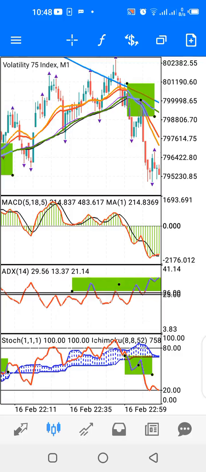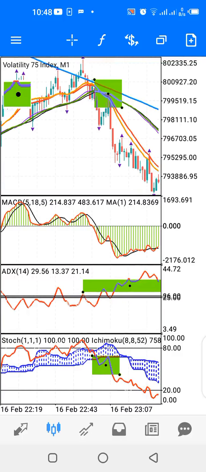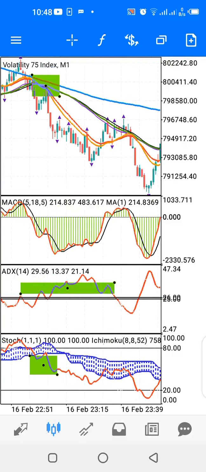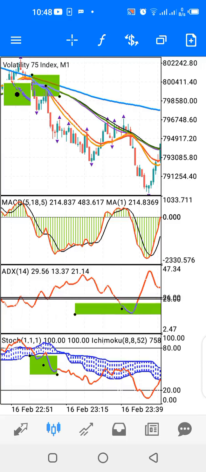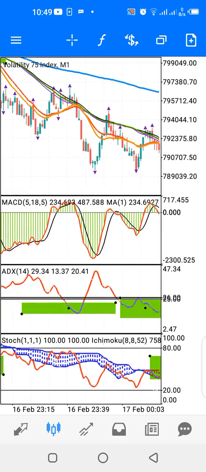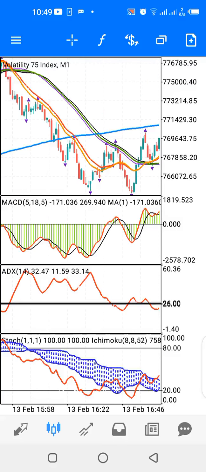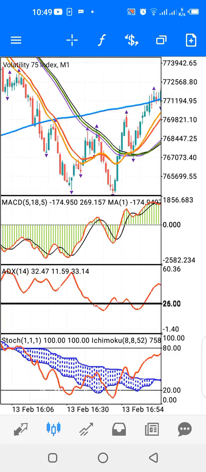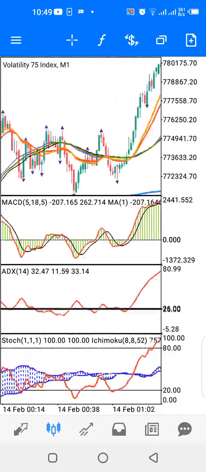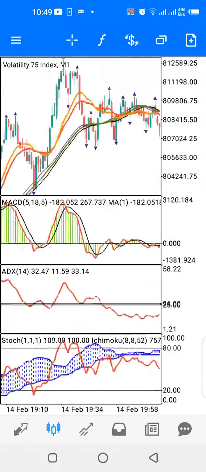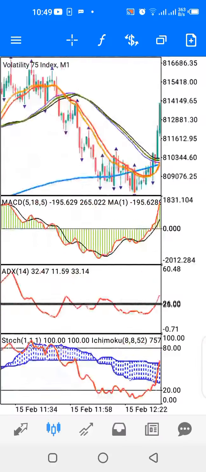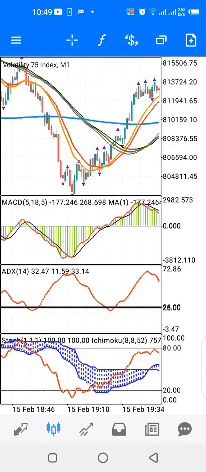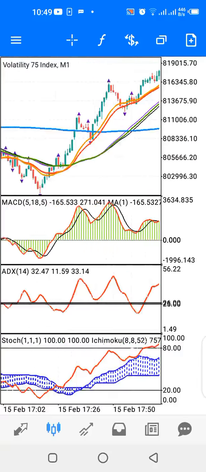But if it is above, then you can either buy or sell depending on what the alignment of all signals tells you. If it is below, like you have here, stay out, because that's when it will range. But if it is above, you buy or you sell.